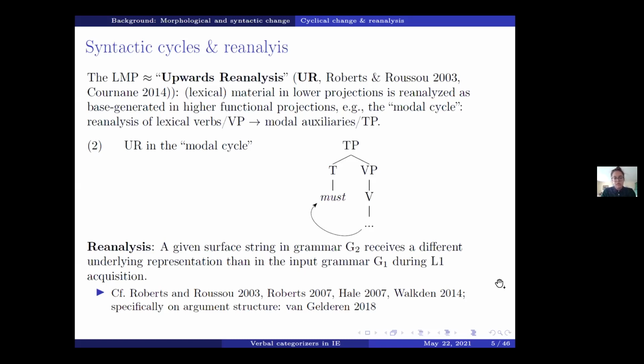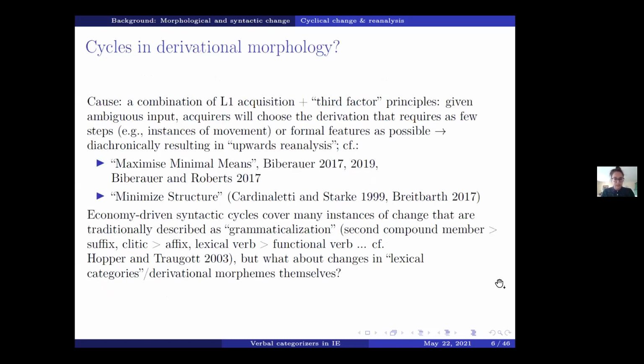So the cause of these types of reanalysis, of upwards reanalysis, is a combination of L1 acquisition mechanisms and third factor principles. So given ambiguous input, acquirers would choose a derivation that requires as few steps as possible. So instances of movement or formal features or whatever those steps may be. And of course, there are similar principles that have been proposed in the literature.